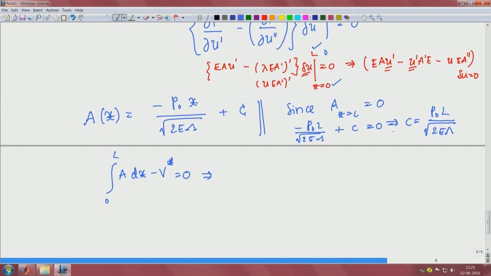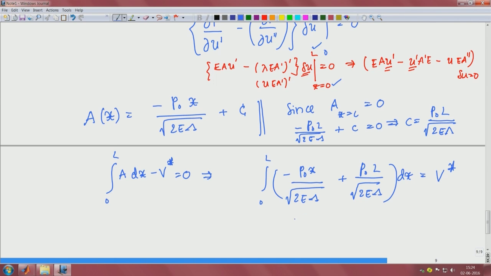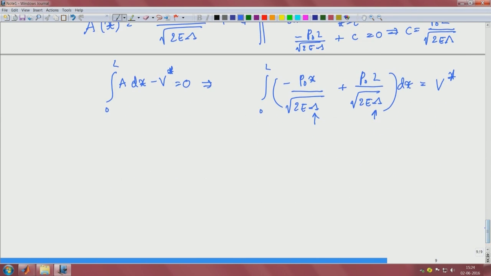Then we substitute this A that we got, which is integral 0 to L of minus P naught x divided by square root of 2 E lambda plus C that we just got now, P naught L by square root of 2 E lambda, dx is equal to V star. From here we can get this lambda. You substitute there, you get the answer. But qualitatively we already know that it is a linear profile.